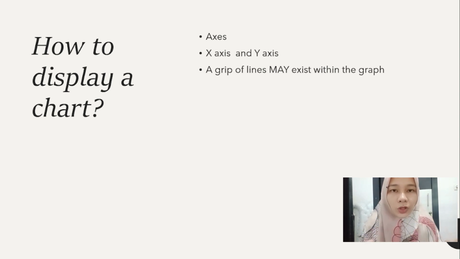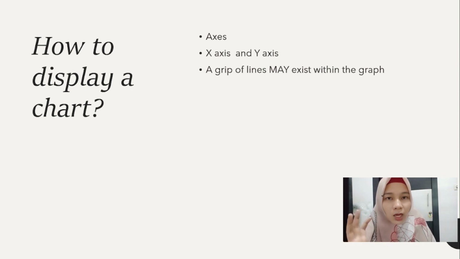In some charts there will be a grid of lines within the graph, but in other kinds of charts you may erase it and have no grid of lines. So once again, this is optional: you may have it or you may omit it.